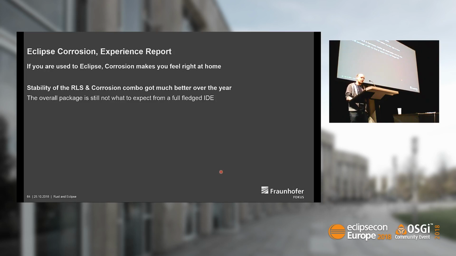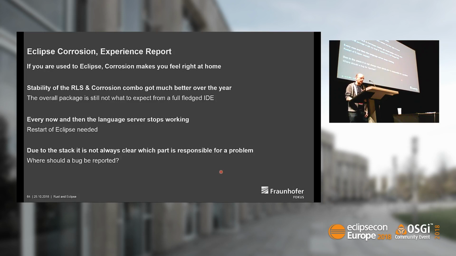In the beginning, it was not that great, and I think this was mostly RLS's fault, but even then, you sometimes saw exceptions in the UI. I don't see any exceptions anymore in the UI. And every now and then, even now, the Rust language server stops working, and you have to do a hard restart of Eclipse.